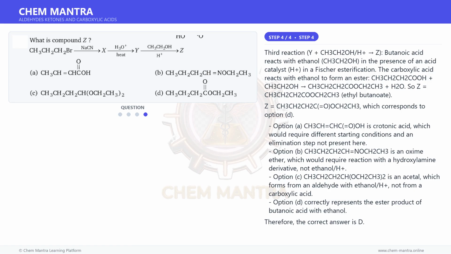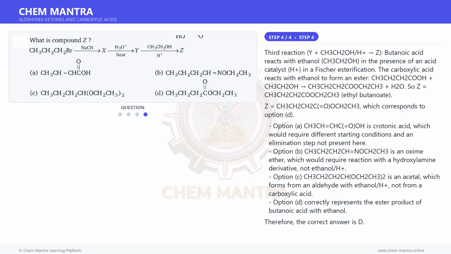So Z is equal to CH3CH2CH2COOCH2CH3, ethyl butanoate. Z is CH3CH2CH2C=O, OCH2CH3, which corresponds to option D.